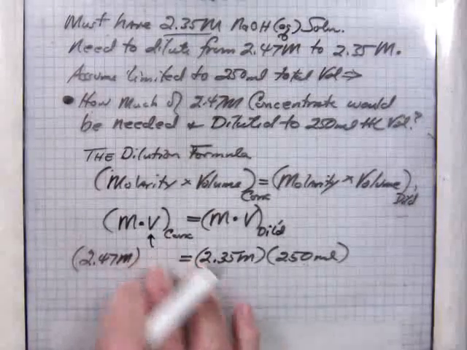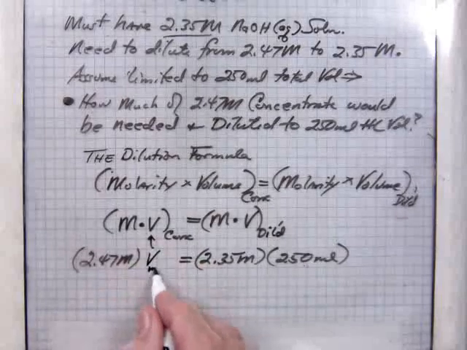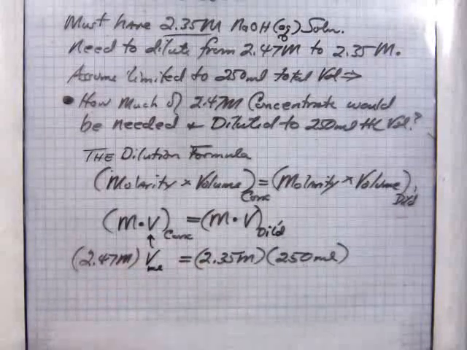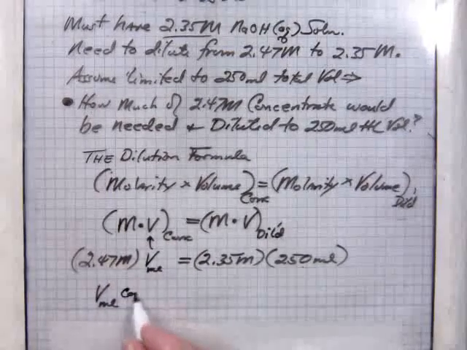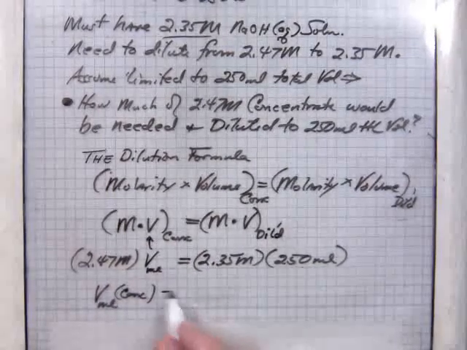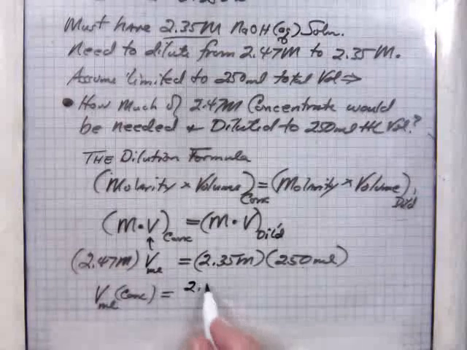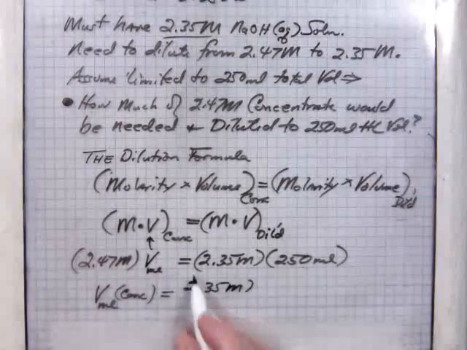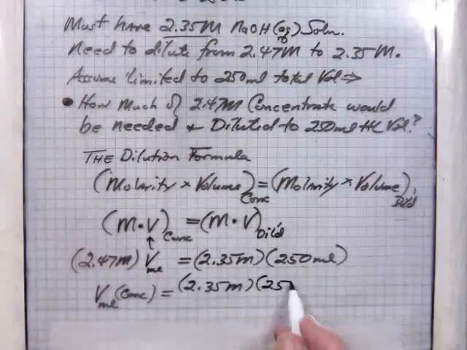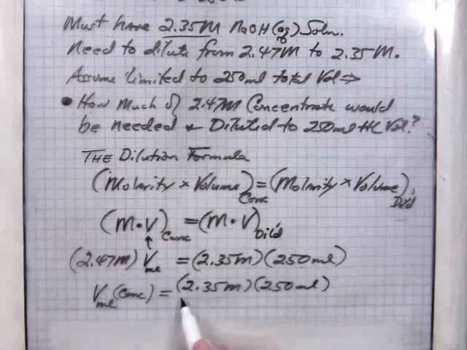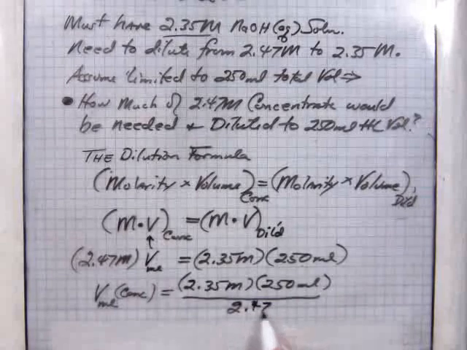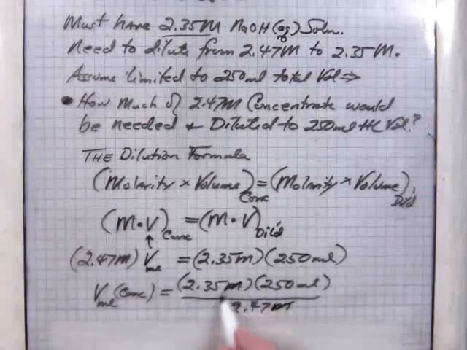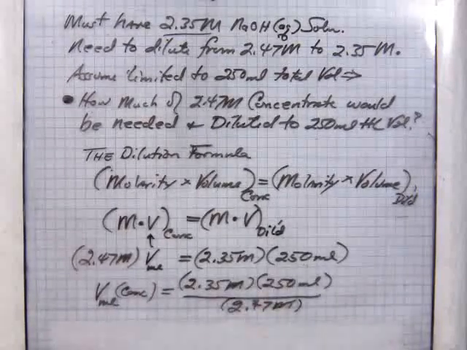We just put volume in milliliters needed and solve for milliliters of concentrate needed, and that's 2.35 molar needed, and we need 250 milliliters of the diluted divided by the concentrate. Molarities drop out, and the calculation will leave us in milliliters.